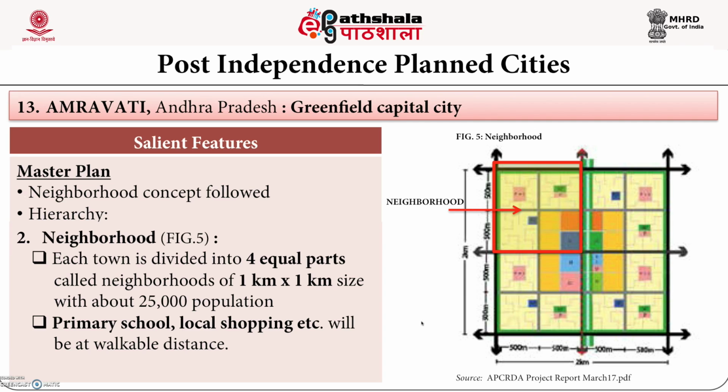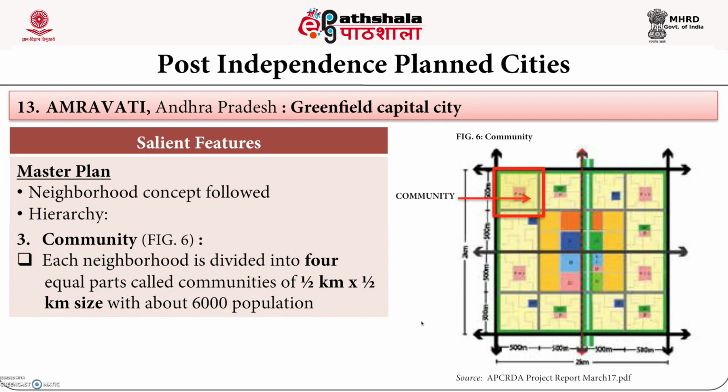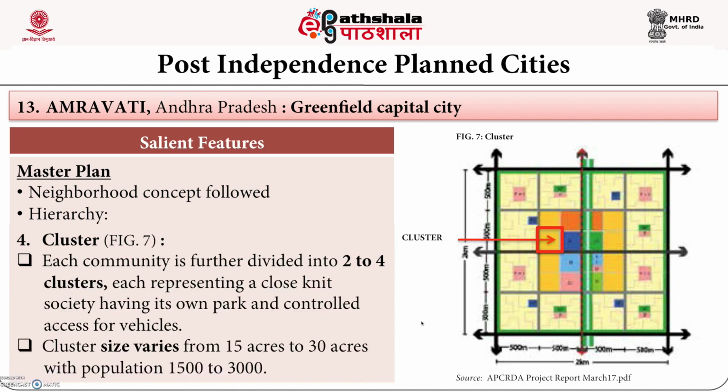And then further, these neighborhoods were divided into 4 equal parts, communities of half a kilometer by 500 meters, with about 6,000 population.